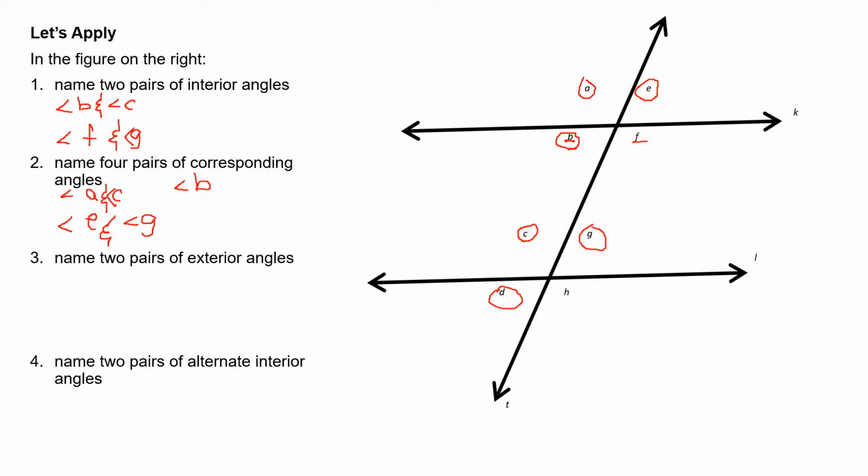So angle B and angle D. And then the last pair that we have is angle F. The corresponding angle to that is angle H.